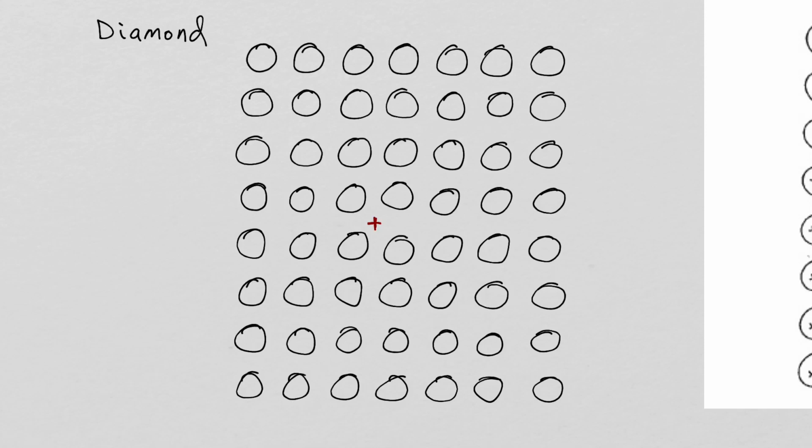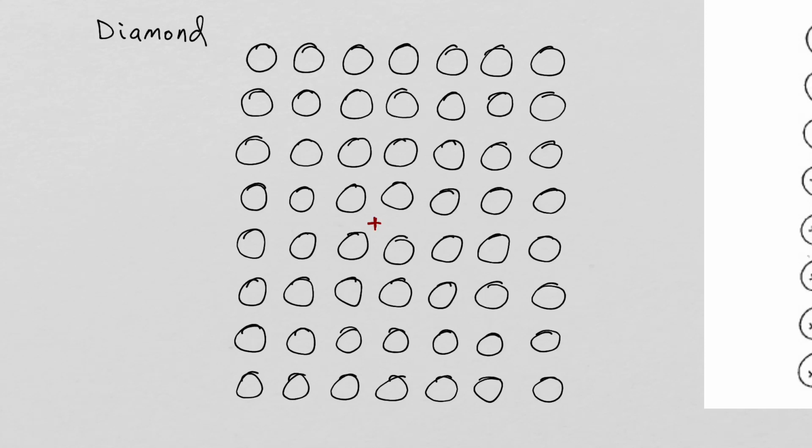There will be a Coulombic attraction between this positive proton and the electrons surrounding the carbon atoms, and there will be a repulsion between this proton and the protons in the nucleus of each carbon atom.